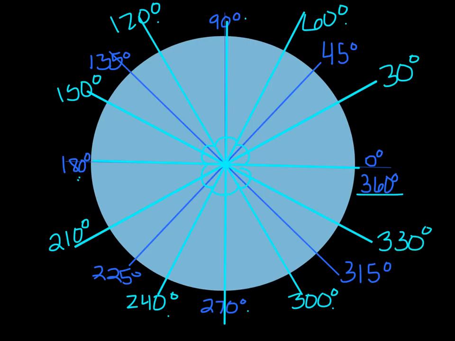So we're just dividing it up into equal increments, and those are the ones that we're going to use the most in our trigonometry, because those are our special triangles. We get 45-45-90s and 30-60-90s.